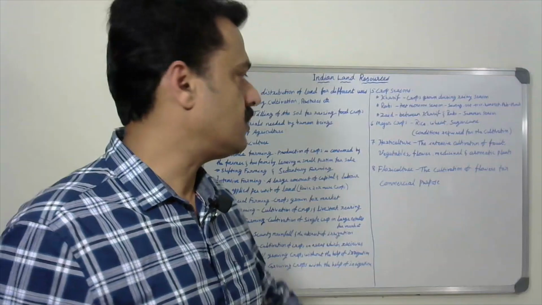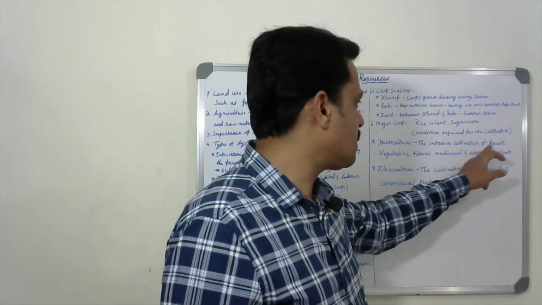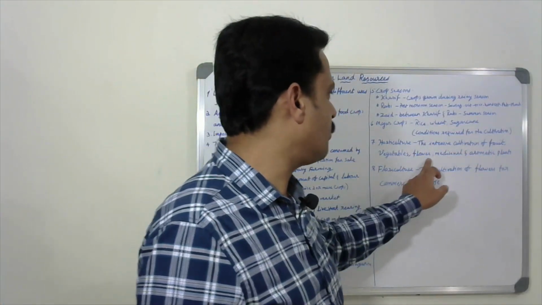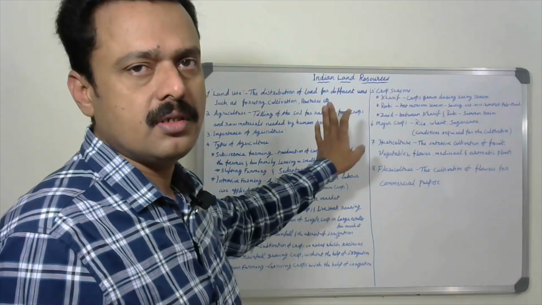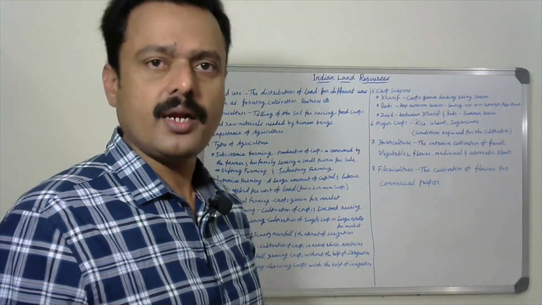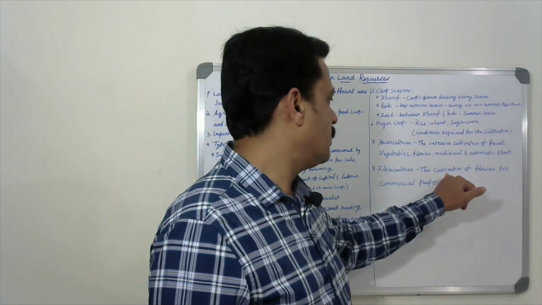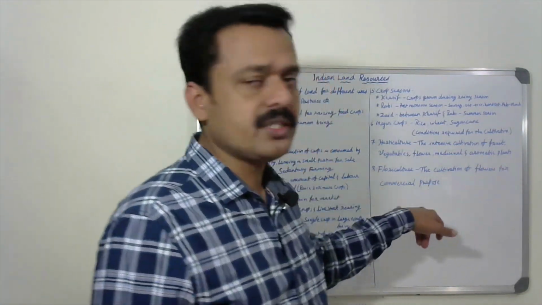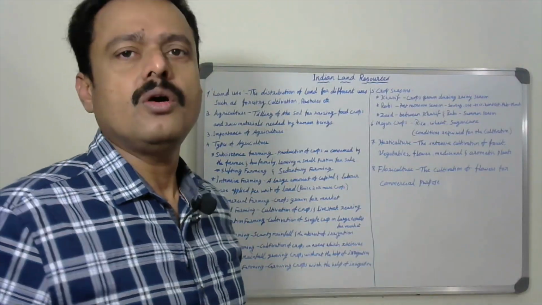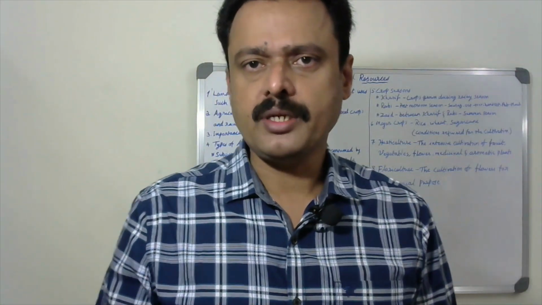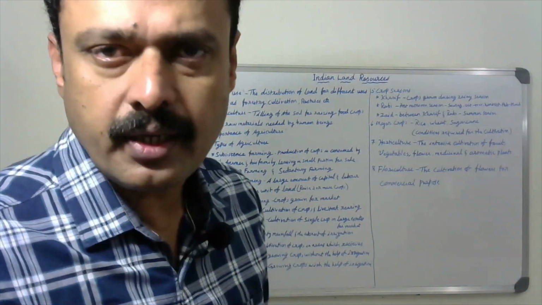What is horticulture? The intensive cultivation of fruits, vegetables, flowers, medicinal and aromatic plants is called horticulture. Another one, floriculture: the cultivation of flowers for commercial purposes is called floriculture. Here 1 mark and 2 mark questions come. Long answer questions are very rare.